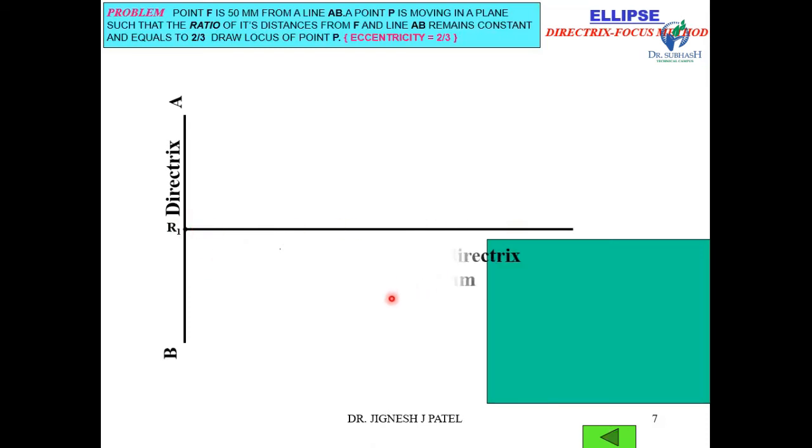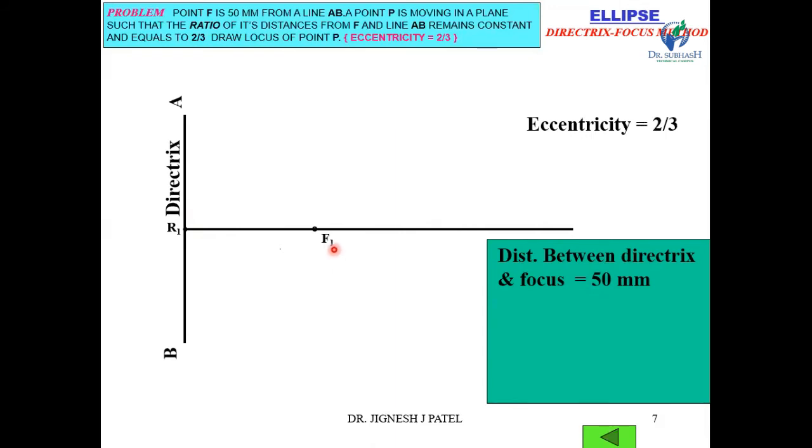Now the distance between the focus and directrix is 50 mm, so mark the point F1 here, and the eccentricity is 2/3. That means we have to mark the vertex between R1 and F1 in such a way that the ratio VF upon VR maintains 2/3, and the distance R1F1 is 50 mm.